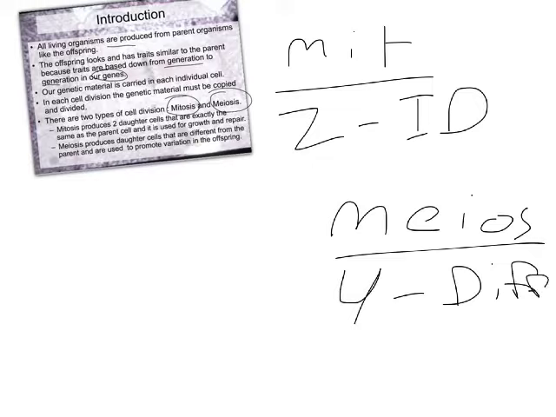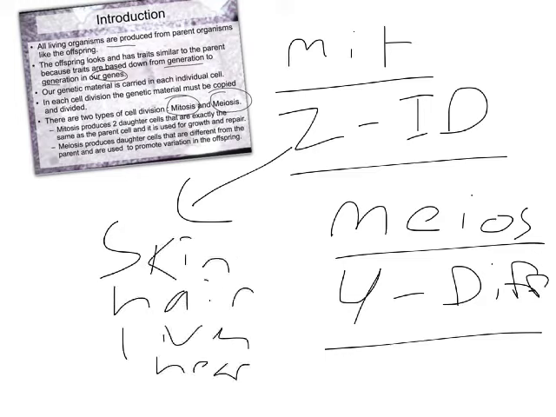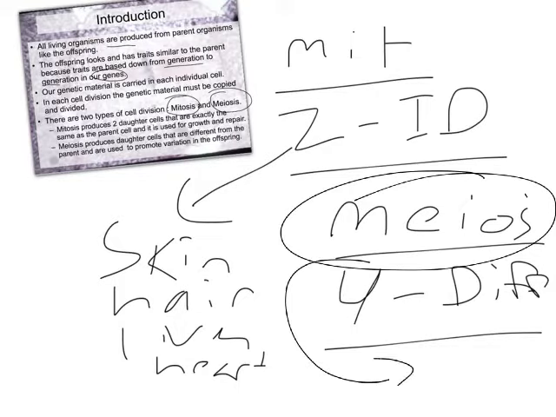So anytime we want cells that are the same, we use mitosis. When we want different cells, we use meiosis. Mitosis is great for making skin or hair or liver or heart cells. Meiosis is really good for only producing sperm and egg.